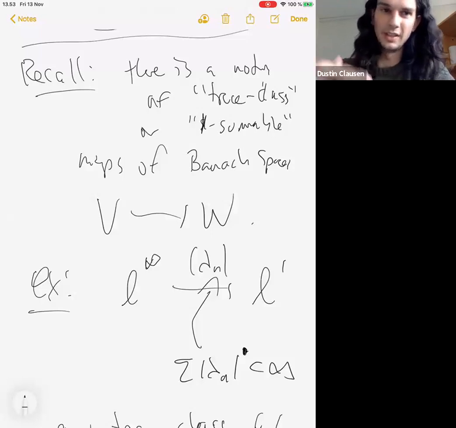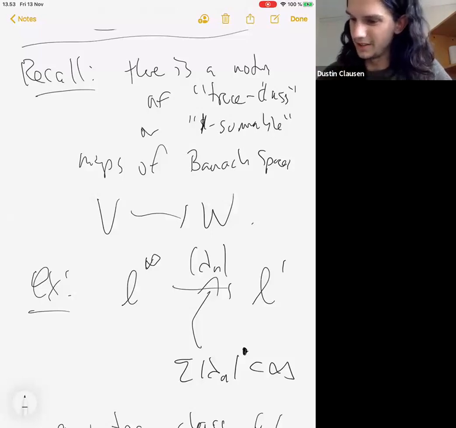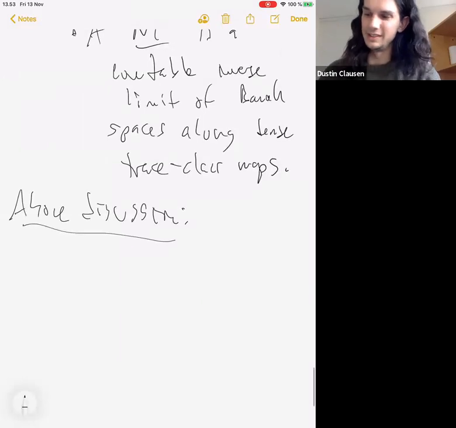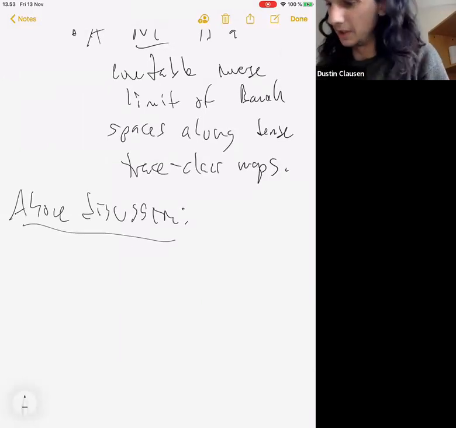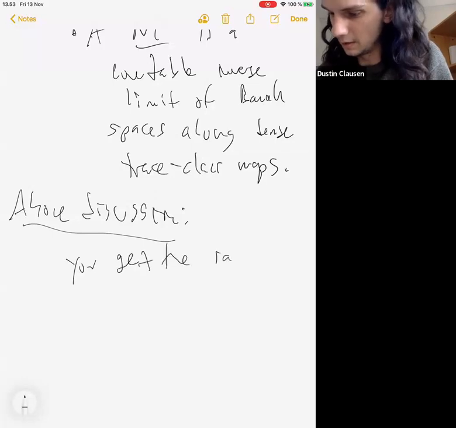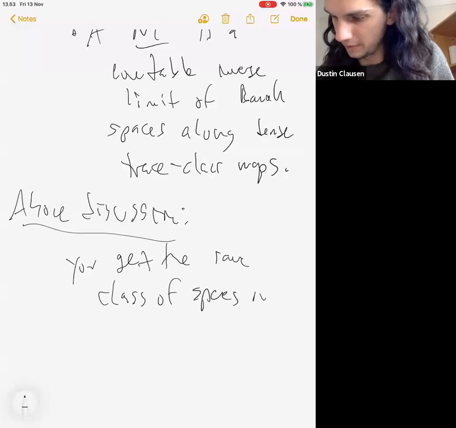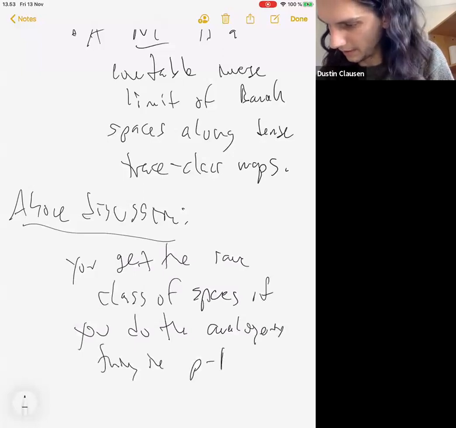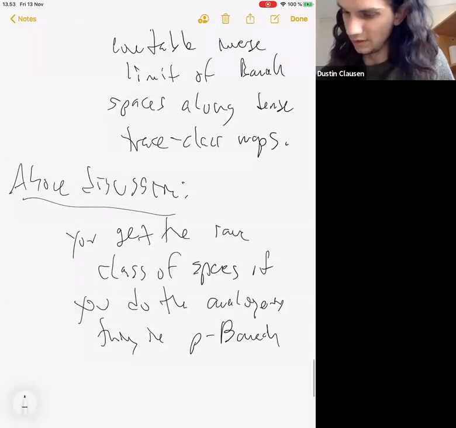The key point there I won't get into. So the above discussion means you get the same class of spaces if you do the analogous thing in p-Banach spaces for any p.